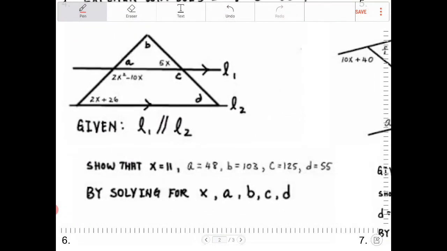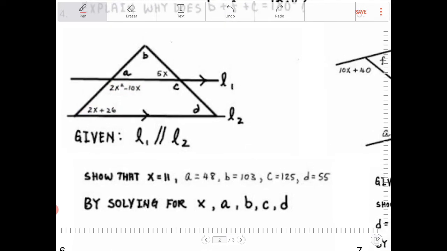Okay, so here in this case, very, very similar, okay? These angles over here are consecutive interior angles, therefore they are going to be supplementary. So therefore I can say 2x squared minus 10x plus 2x plus 26 is equal to 180 degrees.